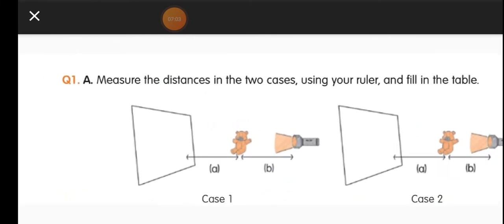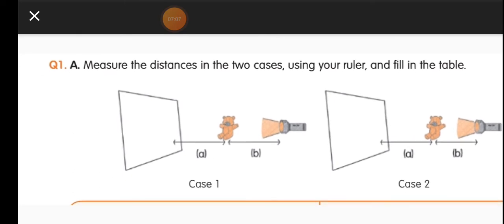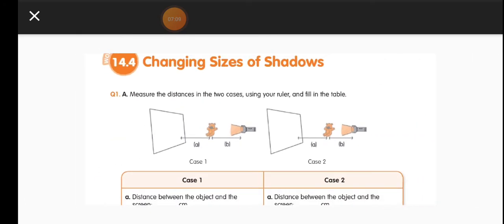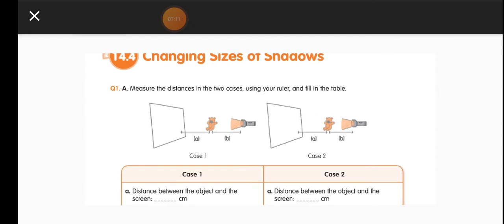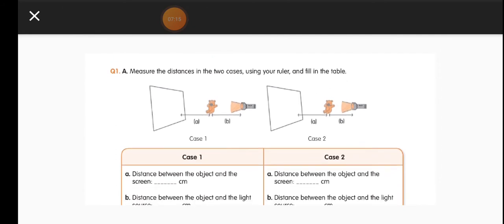See here in 14.4, first question. Measure the distances in the two cases using your ruler and fill in the boxes. So the first picture is away from the screen. The toy or the object is away from the screen and near to the light source, just middle.